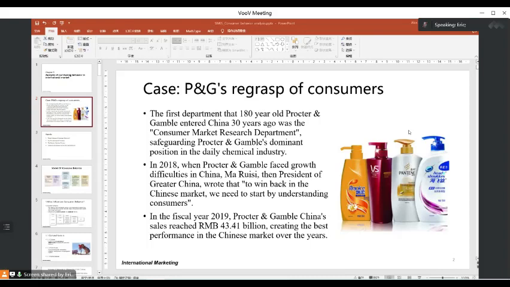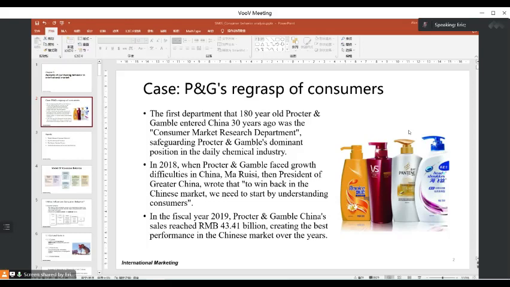This case is about P&G entering the China market, and we find that it's successful. But with the development of the digital economy, which grows very fast in China, there's a lot of change in society, in consumer behavior, in advertisement, in environment.